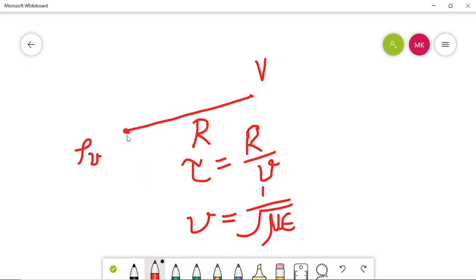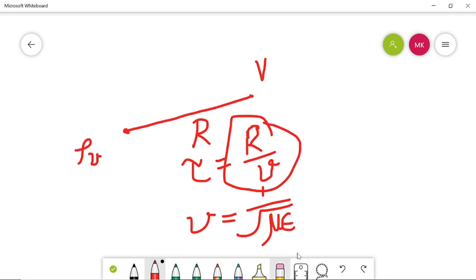So if you change rho v here at time t, then this V will change due to the change in rho v after a certain time. It will not change at the same moment, but rather it will take a certain time, and it will be delayed by r over v.